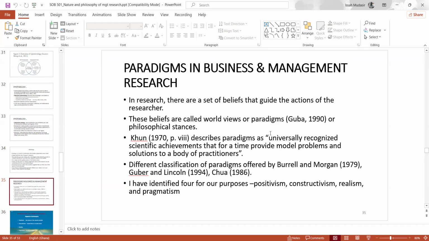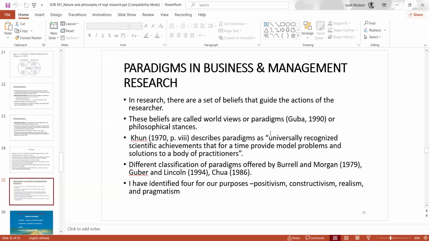So when you hear philosophical paradigms, philosophical lenses, philosophical schools, we are talking about whether you belong to one or more of the research schools: positivism, constructivism, realism, and pragmatism. Let me say that these are very broad categorizations, because there are other categorizations that you will not see here. Some of these have branches.